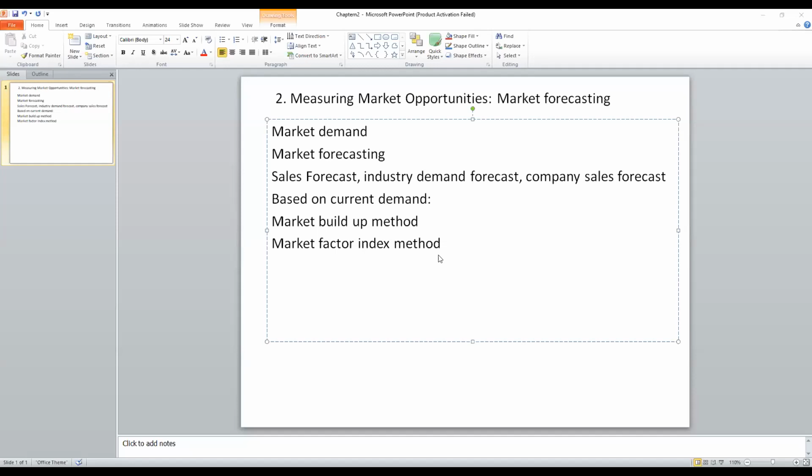Now here in this market build-up method, this method identifies all the potential buyers in each market and estimates their potential purchases.